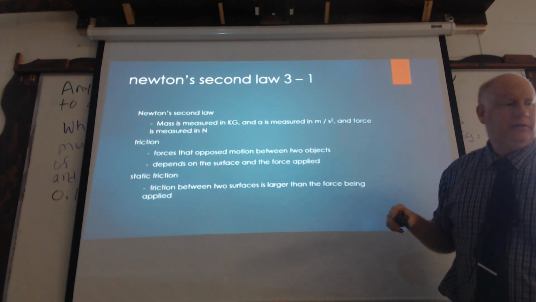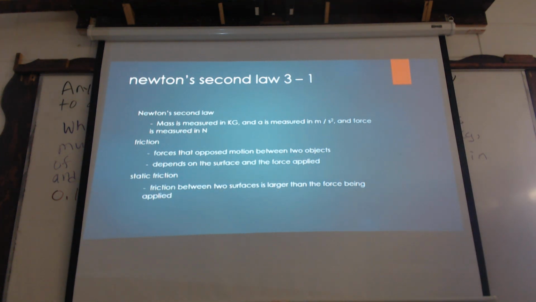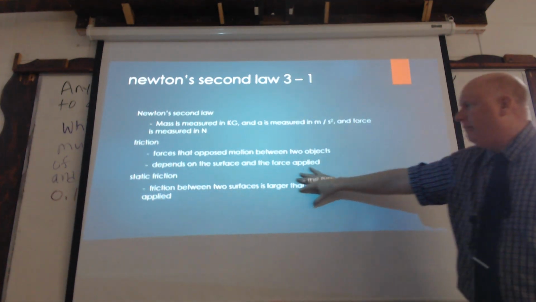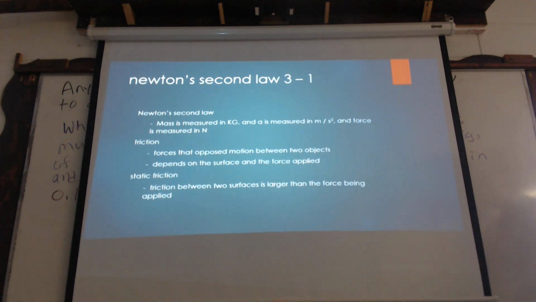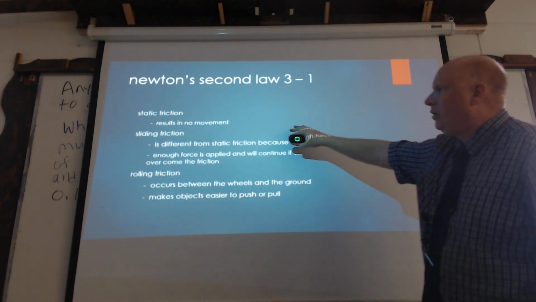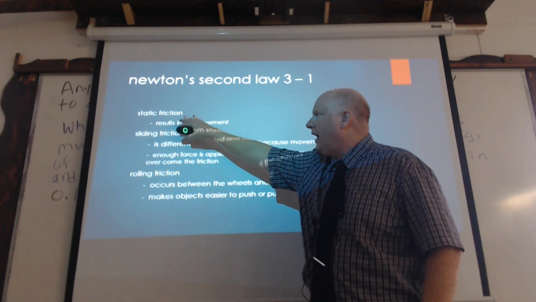It looks like it sits right on the floor, but if we want to change how things are moved to make it easier, what might you put under this desk? Put wheels under there. Change that sliding friction to rolling friction. And if we have what we call static friction, that means there is no net movement applied because the force is just not great enough to break that. And that's what we mean here. Static friction results in no net movement.